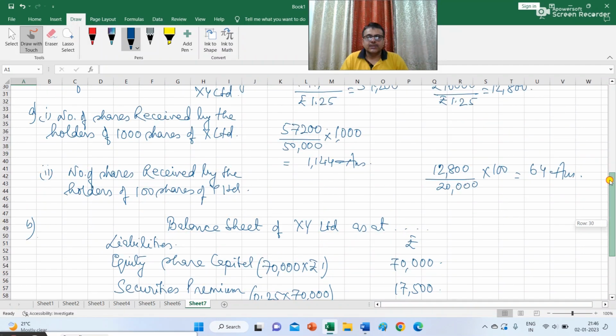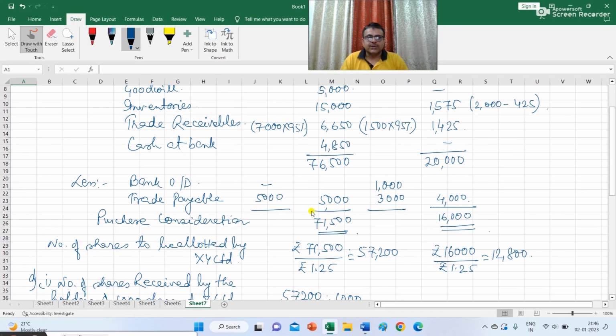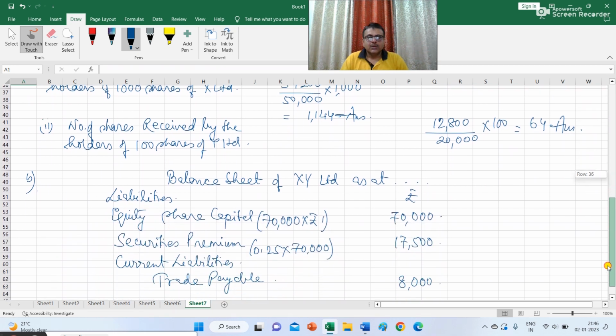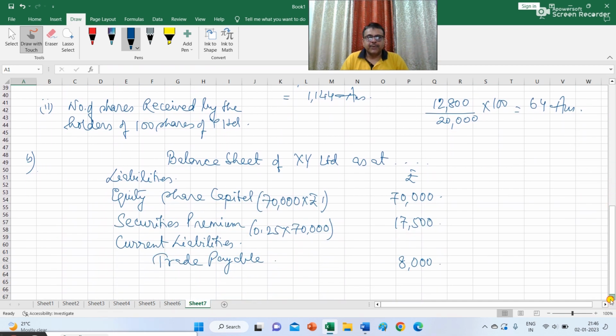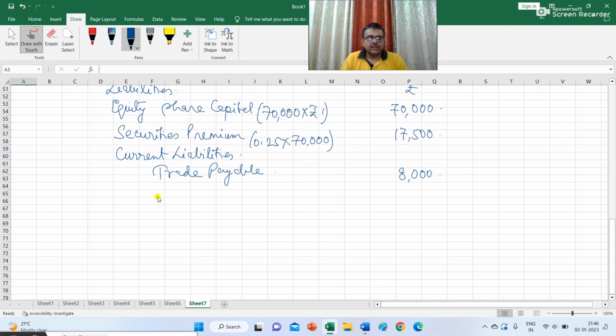So you can see in the table of purchase consideration, if you add up these two figures, 5,000 and 3,000, you will get a total of 8,000. So I have written here trade payable 8,000 and bank overdraft of rupees 1,000. So total of liabilities is 96,500.